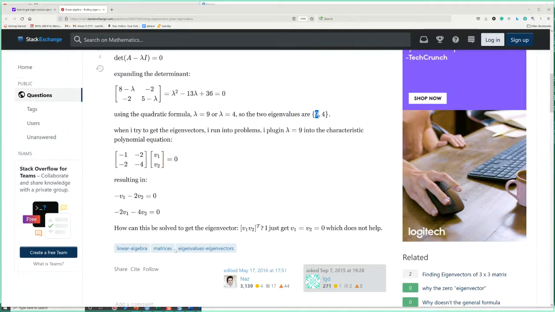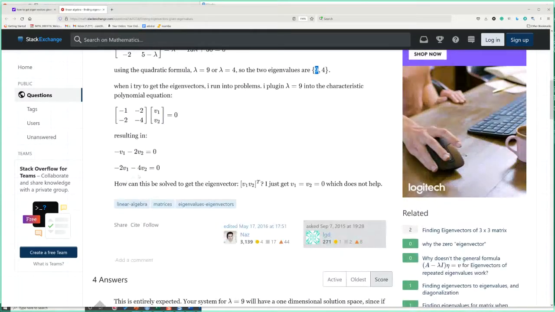So we have 2 equations and 2 unknowns, and they are basically one dependent on the other in terms of those row operations, right?